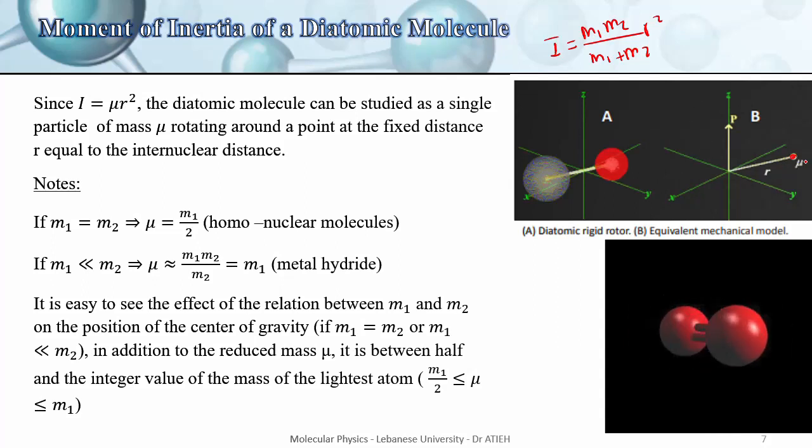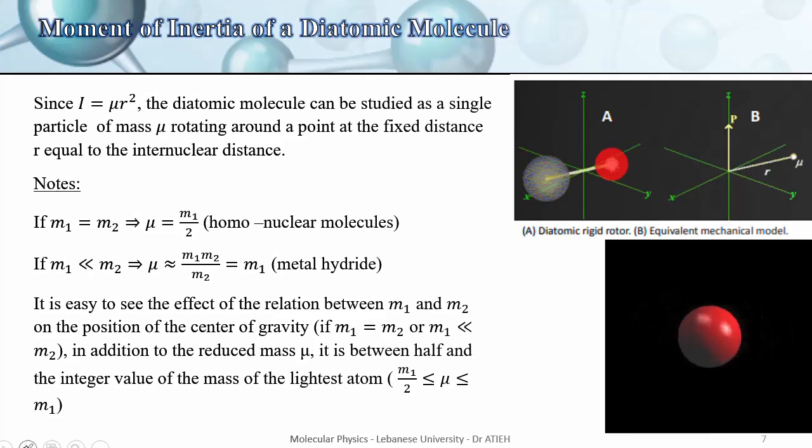This is a single particle having a mass mu and away from the axis of rotation a distance r, similar to the internuclear distance. So r here is the internuclear distance. So here the same, I is equal to mu r squared. So both systems are equivalent. So if we are going to calculate, for example, the energy of a diatomic molecule, we can make benefit of this equivalent mechanical model.